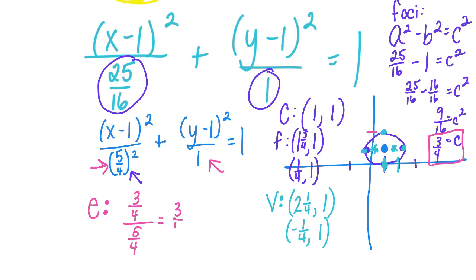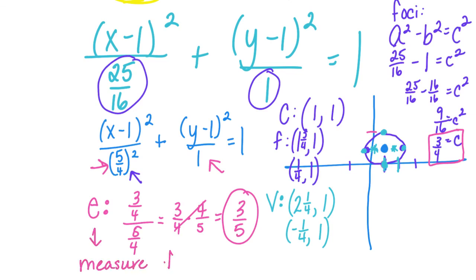When I divide, I multiply by the reciprocal, so my eccentricity is 3/5. Eccentricity is a way to measure the ovalness of an ellipse. So that is what eccentricity is. Okay, it's to measure the ovalness of an ellipse.